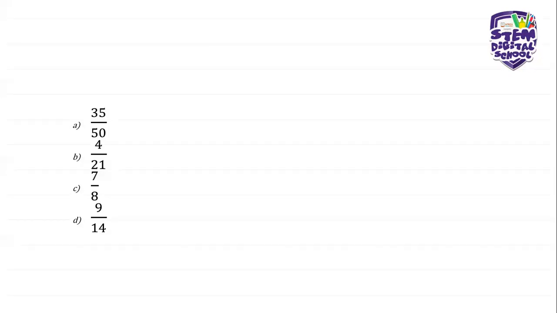Now I want you to type in your calculator. Just press 35, and then the division sign, and then press 50. So it's 35, division sign, and then 50. And then press the equal sign. What do you get?